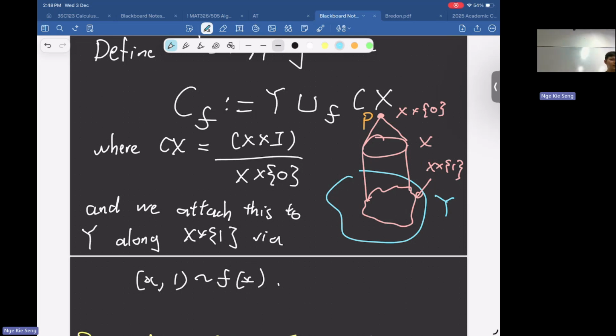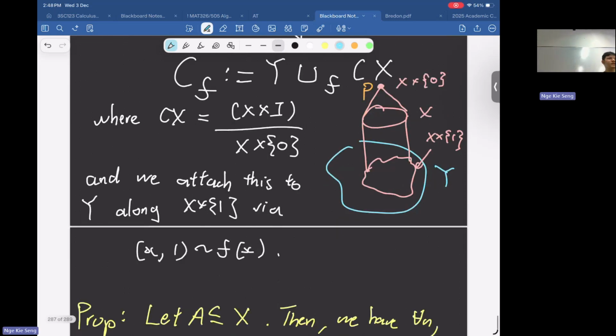Did we prove this? It should be, right, because it is homeomorphic to a disk.